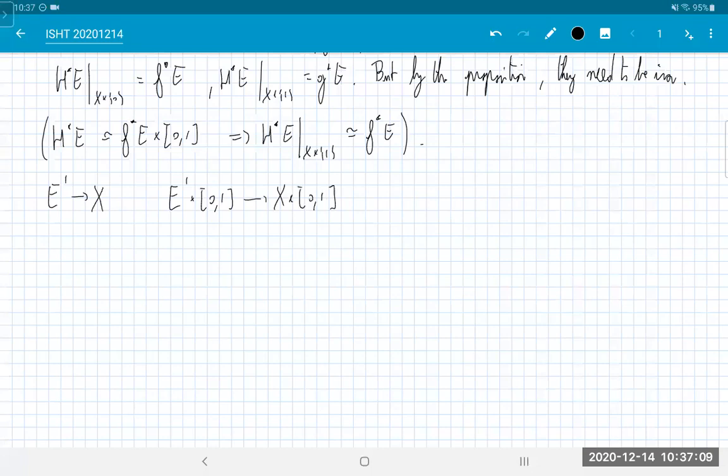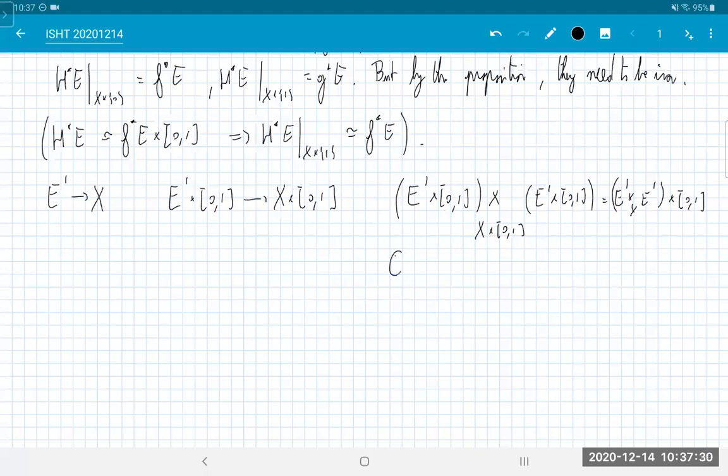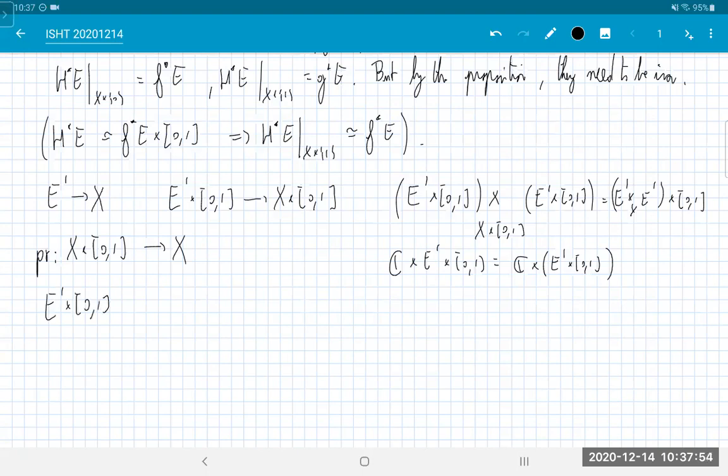I haven't defined the S, but the point is that E' times [0,1] fibered is just E' fiber times [0,1], and C times E' times [0,1] is the same as C times E' times [0,1]. So S and nu are well defined, and actually it's secretly a special case of the map I already defined, because if I take PR from X times [0,1] to X, the first projection, then E' times [0,1] is just PR upper star of E' as a vector bundle.